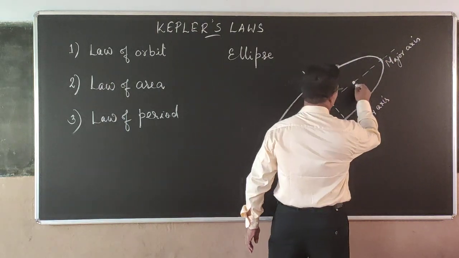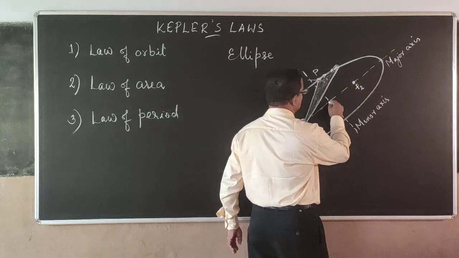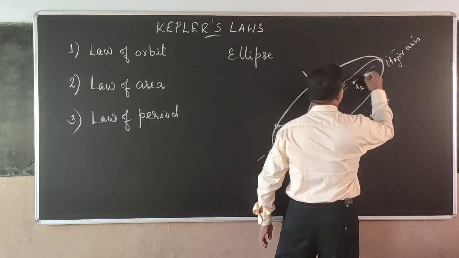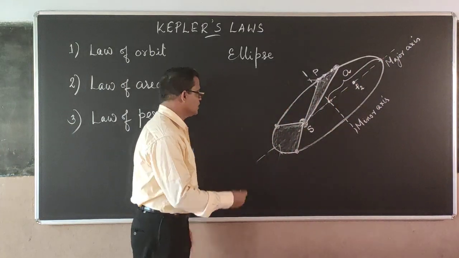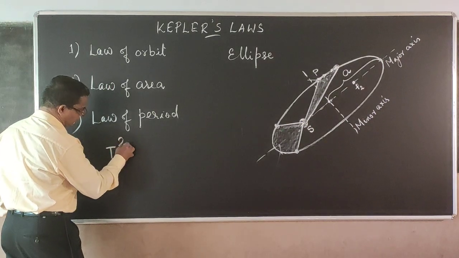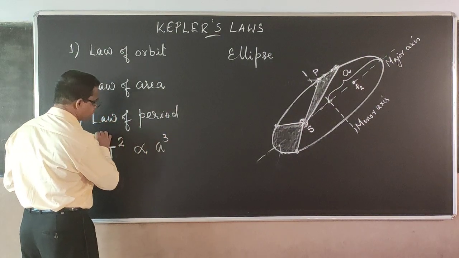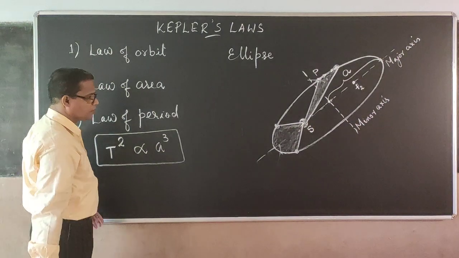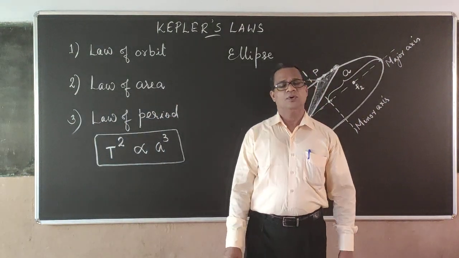So semi-major axis, let me take, is A. Then, as per the statement, we can get T square directly proportional to A cube. Okay?